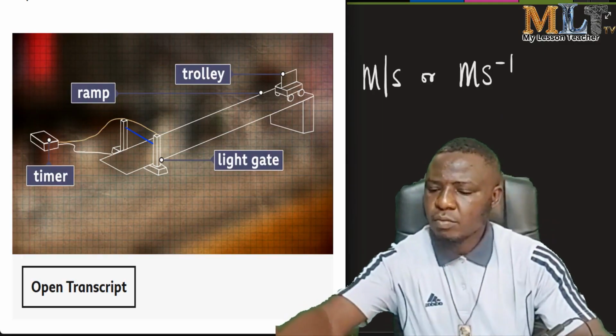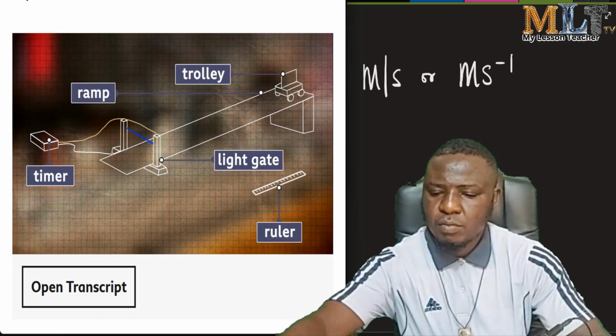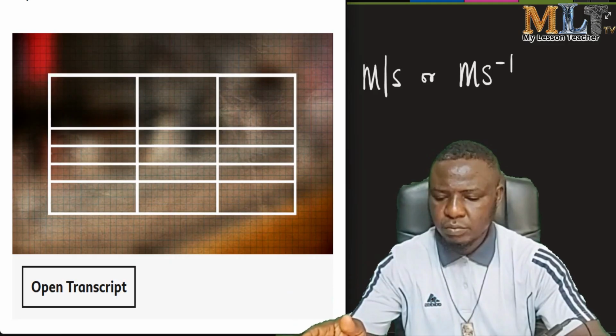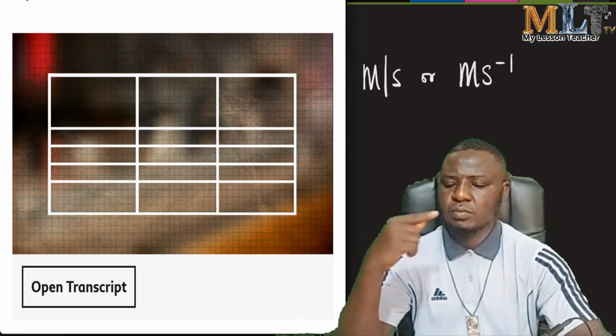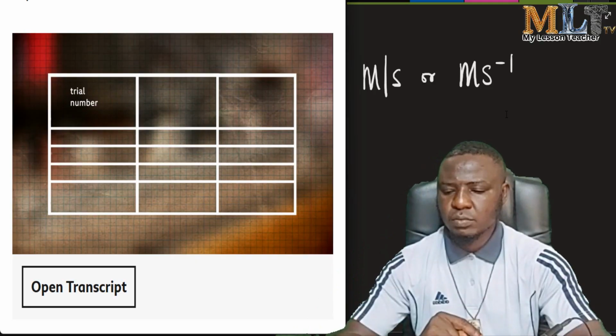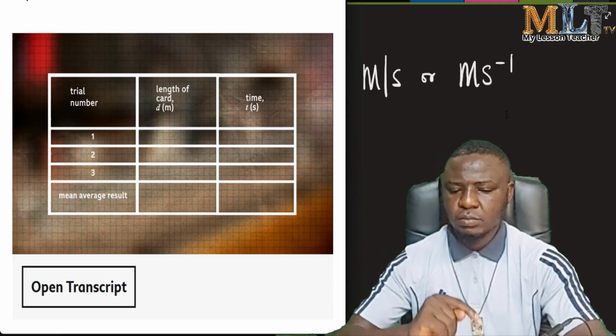The light gate is connected to an electronic timer, and you need a ruler or meter stick. It's best to carry out the experiment a number of times, so draw up a table to record your results. The table should have headings of trial number, the length of card D measured in meters, the time T in seconds.